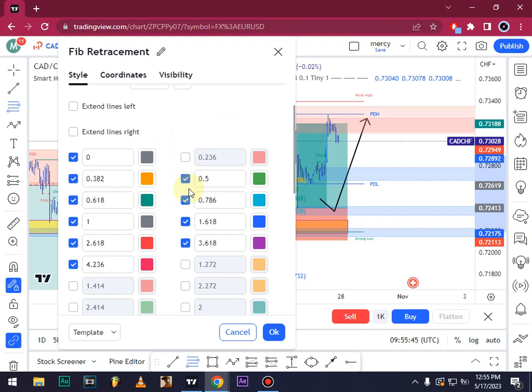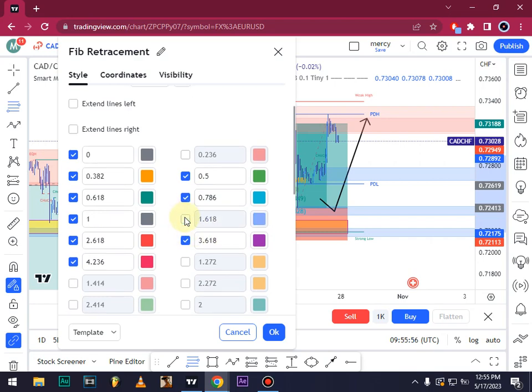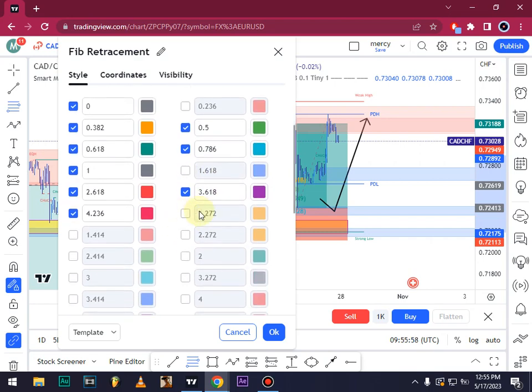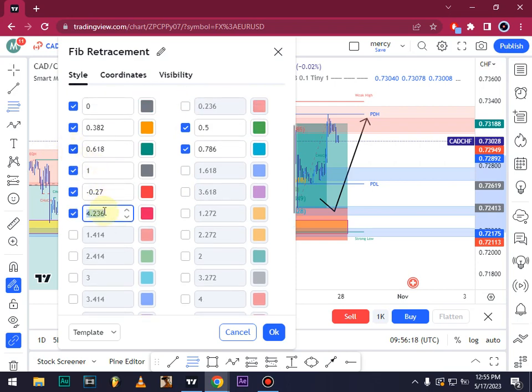Let me remove one point. Let me remove that too, and maybe this. Let me remove this and maybe give it negative 0.27, and this one should be negative 0.618.